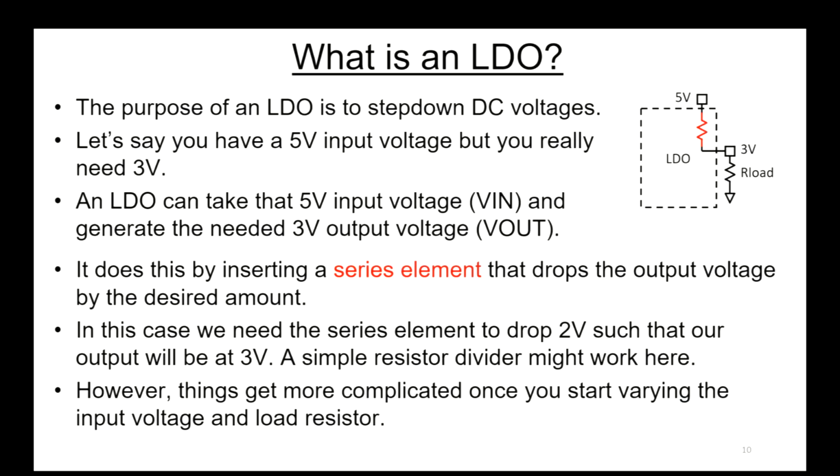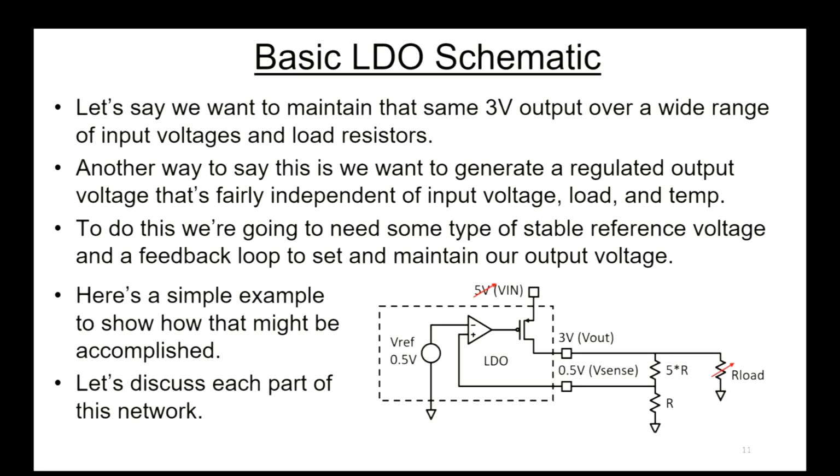So in this case, we want that series element to drop 2 volts such that our 5-volt input is converted to a 3-volt output. Now, in this simple case, a resistor divider might work. However, things get a lot more complicated once you start varying the input voltage and the load resistor, and you'll see as we move along.